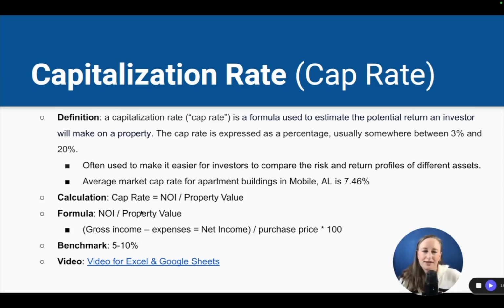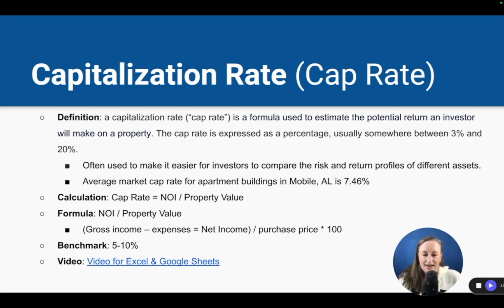Okay, cap rate. I'm going to go over this quickly. We could spend more time on this, but the capitalization rate, also usually called a cap rate, is a formula that's used to estimate the potential return that an investor will make on a property. It's expressed as a percentage, usually between 3% and 20%, and it's often used as a real quick way for investors to compare the risk and return profiles of different assets.